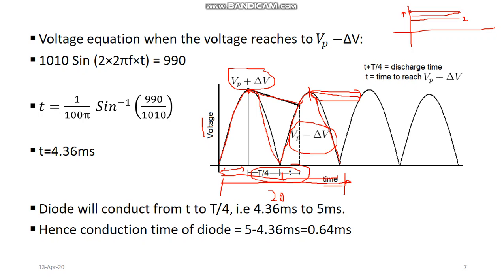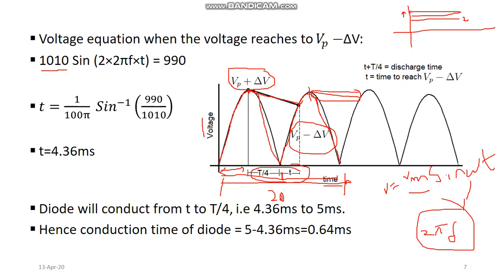We know that the instantaneous value of the voltage at any point can be calculated as V is equal to Vm sine of omega t. Vm is 10 volt, that I am plugging over here, and sine of omega, instead of omega I will now plug in 2 pi f.